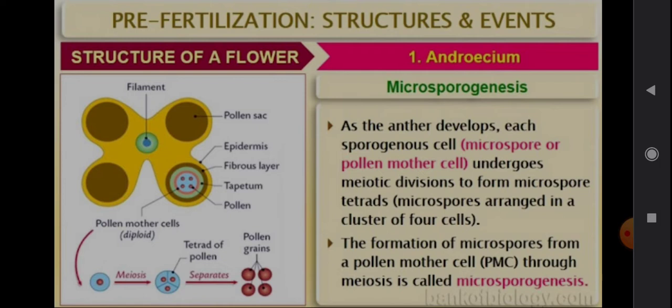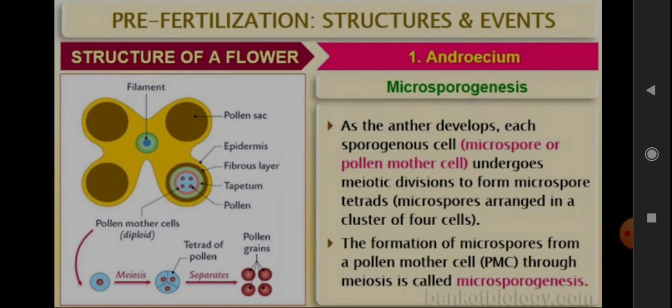Now pollen grains have to be produced. Before pollen grains start to be produced, there is a process called microsporogenesis. As the anther develops, each sporogenous cell undergoes meiotic divisions to form microspore tetrads. Meiosis means you will be getting four cells.